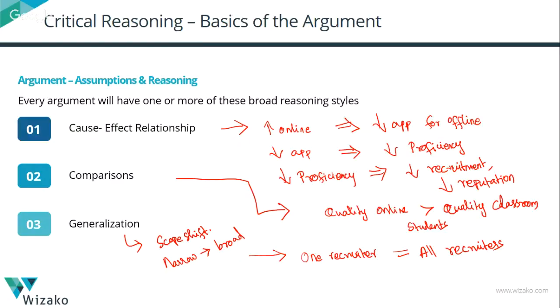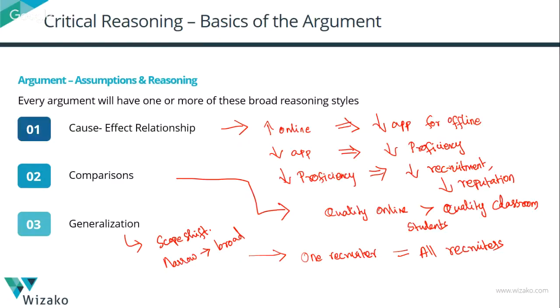If he had said our arts programs quality is suffering, therefore all our online programs we have to get rid of, then he is generalizing again from arts to all kinds of programs. But in this particular argument, he doesn't do that. Even in the conclusion, he says "these corresponding programs" is the wording used, which means till the conclusion, he is sticking to a discussion on only arts programs. So that's not a generalization.